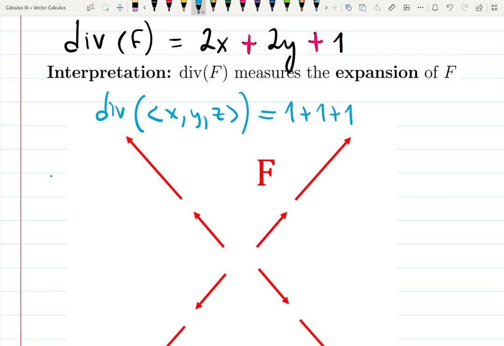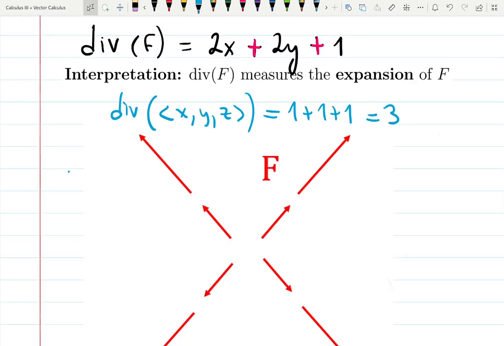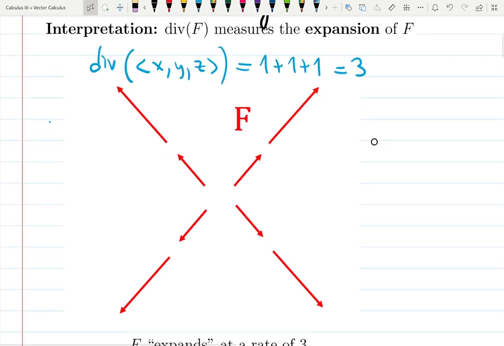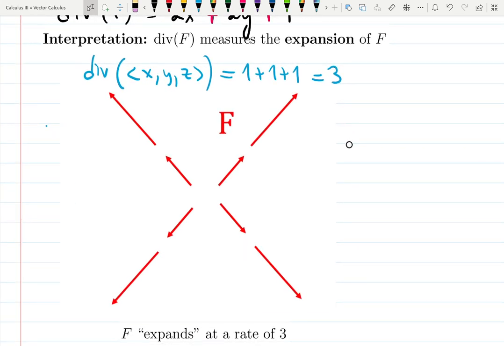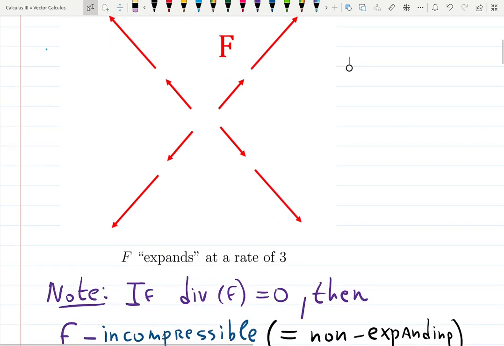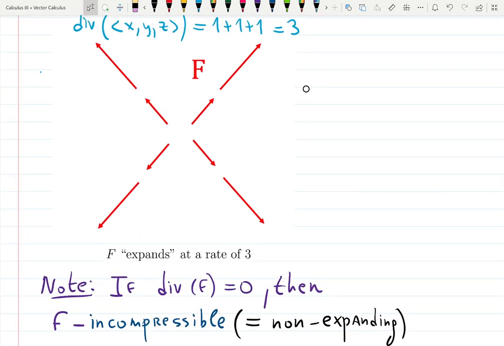Each derivative gave you 1 with respect to each variable, equals 3. This number tells you that it is positive, it's expanding. How fast does it expand? It expands at the rate 3. So the number will be important, how large this number is is important, the sign of it is important, and if it's 0, then it's not expanding, not compressing.